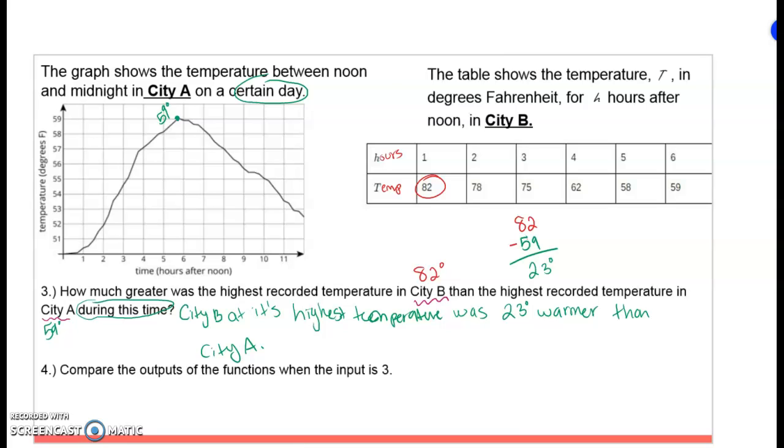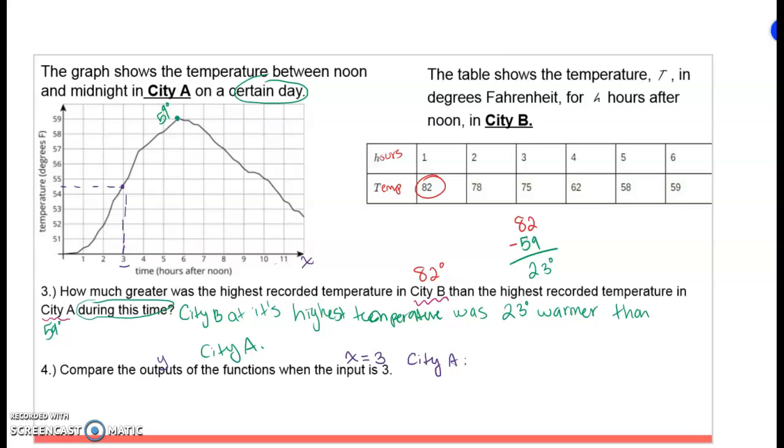So now we're going to look at comparing the outputs. Outputs are always y, the function's value when the input, so when x equals 3. So I know that this is dealing with hours. So I know that we're dealing with 3 p.m. So what I'm going to do is go to my x-axis here for City A, go over to 3 p.m. and go straight up, and I'm going to see about what it is.